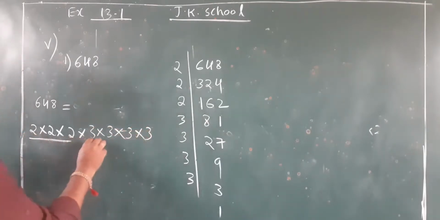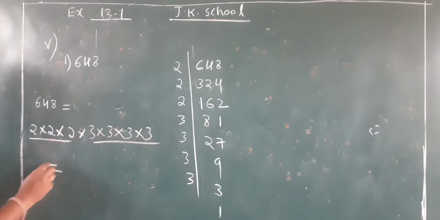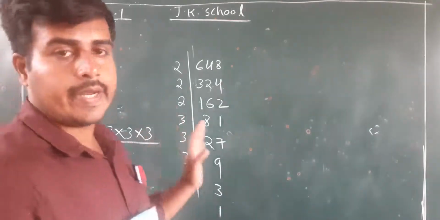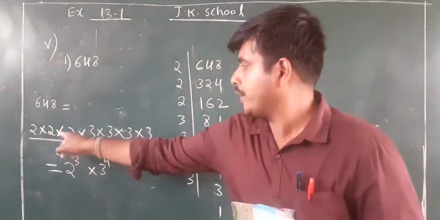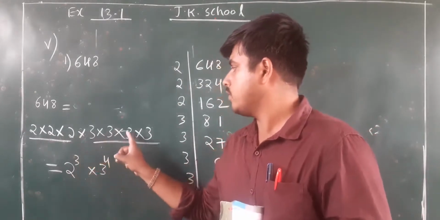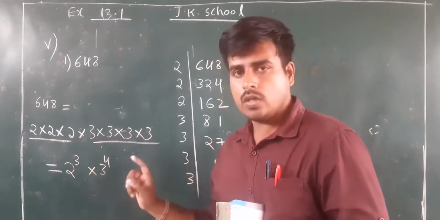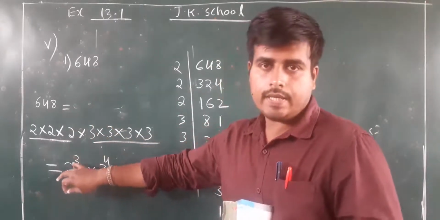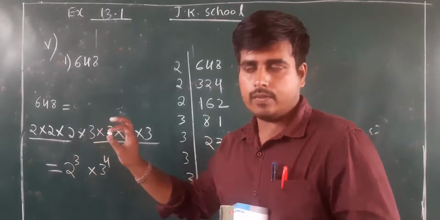So 648 can be written as 2 cube into 3 raised to 4. 2 into 2 into 2 will become 2 cube, and 3 into 3 into 3 into 3 will become 3 raised to 4. So 648 can be expressed in the exponential form in this way.